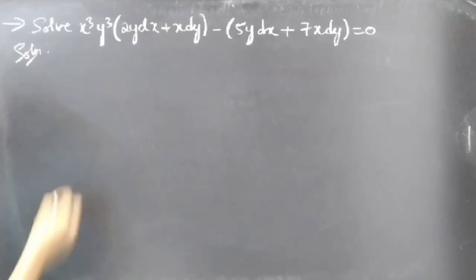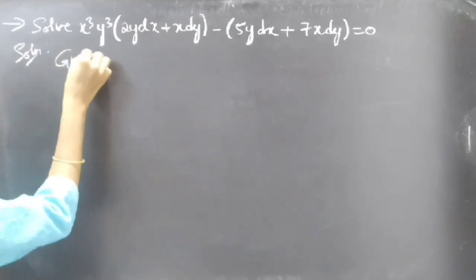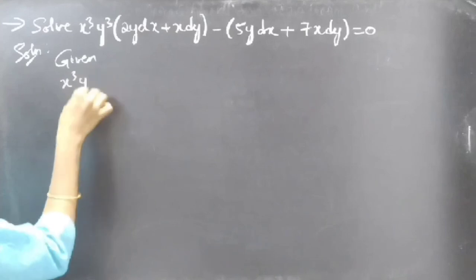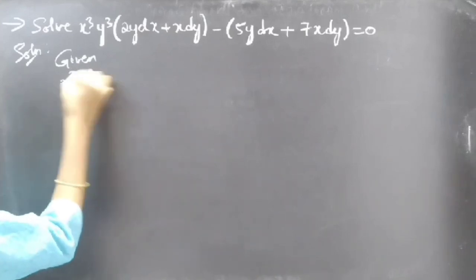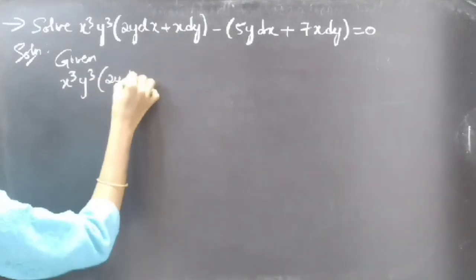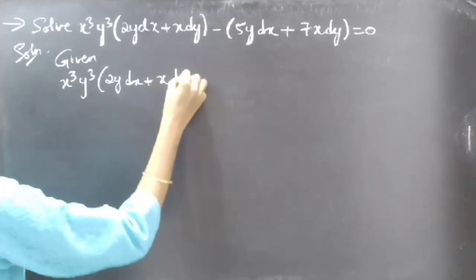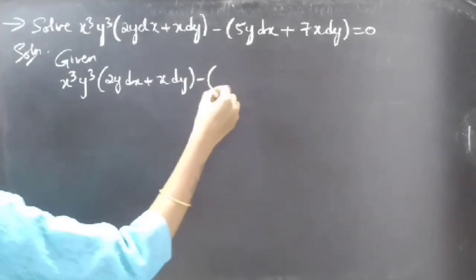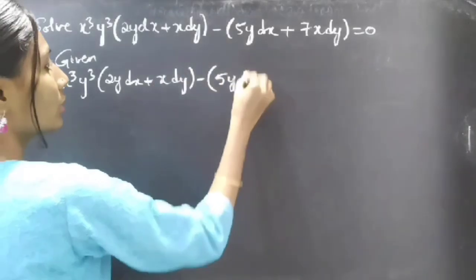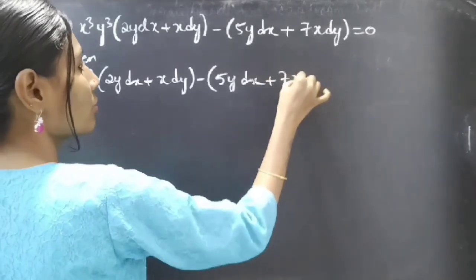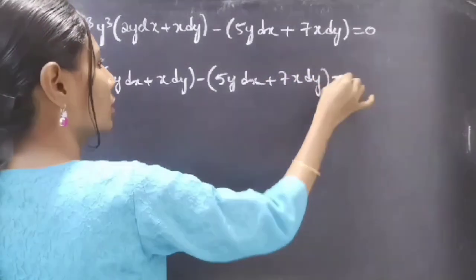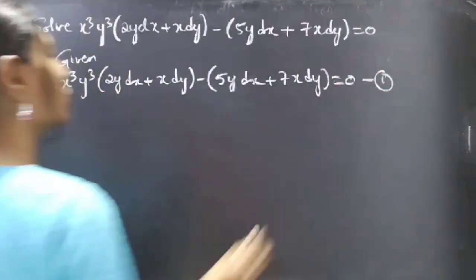Given differential equation: x cube y cube into 2y dx plus x dy minus of 5y dx plus 7x dy equal to 0. Consider as equation 1.